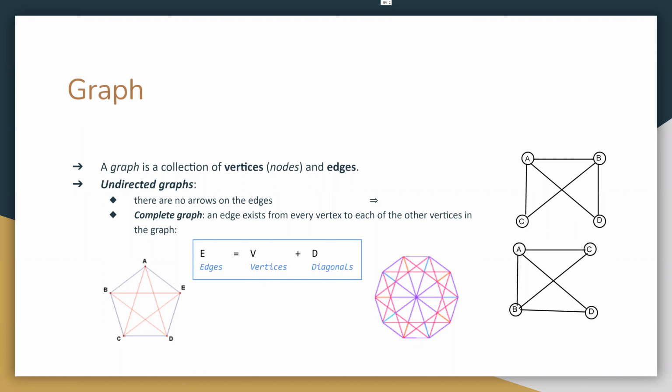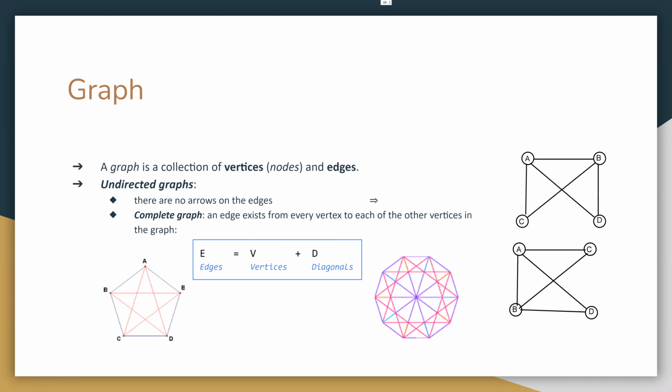Everything except the straight lines of the outer shape A, B, C, D, E. There are diagonals, the ones in the star. 1, 2, 3, 4, 5, there are 5 diagonals.